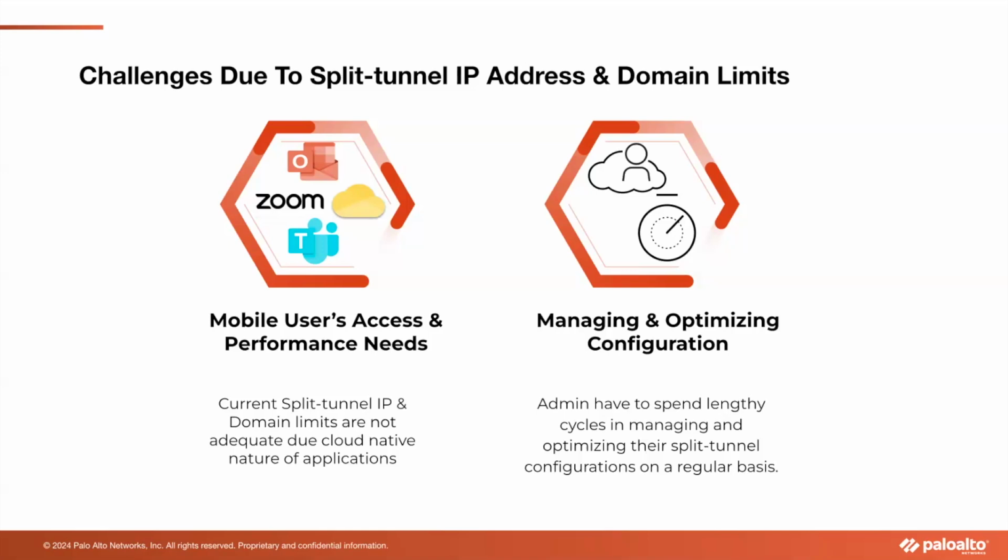You are not able to include all of these domains, maybe due to a compliance requirement such as a PCI, or Payment Card Industry, requirement, maybe because of the scale limits on the number of domains and IP addresses that we can add as part of the split tunnel configuration. And maybe because of this, you're unable to facilitate access to sensitive resources which are whitelisted to be accessed only over the tunnel via the split tunnel configuration.